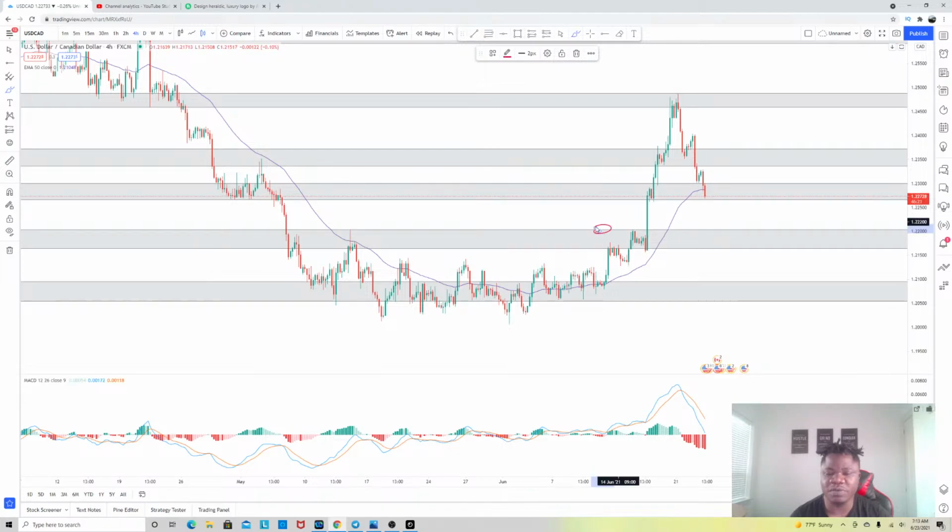You'd see price break this zone and then potentially also go back to this zone as well if we have a break below support. But with USD CAD, we're definitely in a downtrend. That's what we're looking at as far as USD CAD goes.